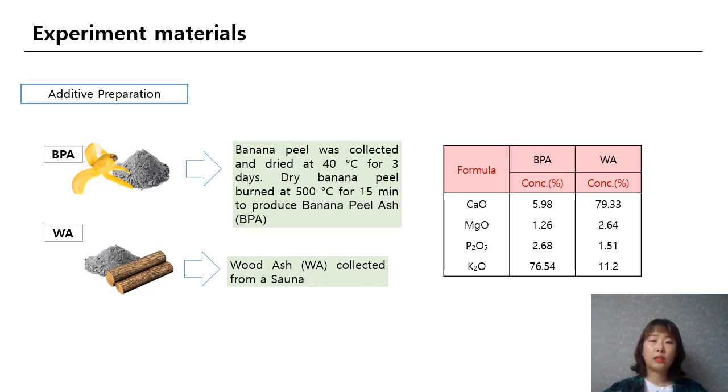Wood ash was collected from a sauna. I will refer to wood ash as WA for convenience during the presentation. The components of each material are shown in the table. Now I will explain the experiment procedure.